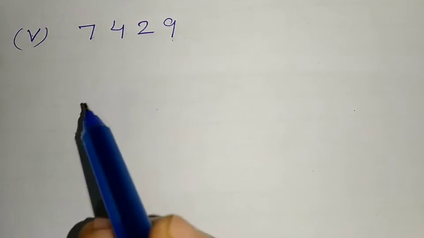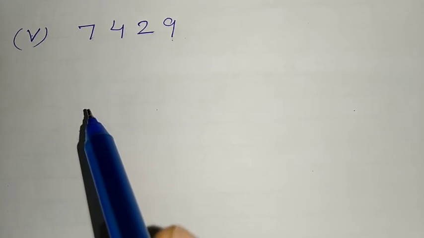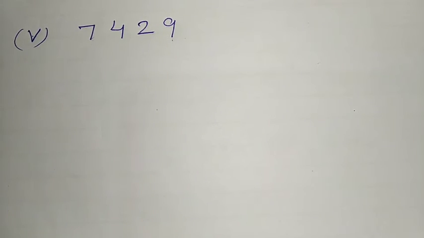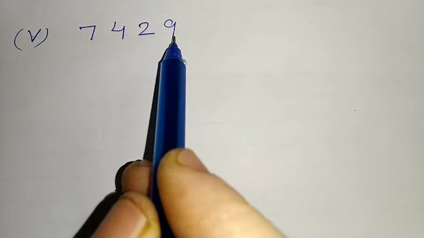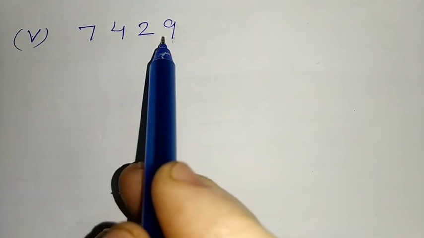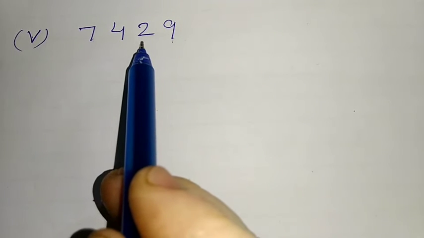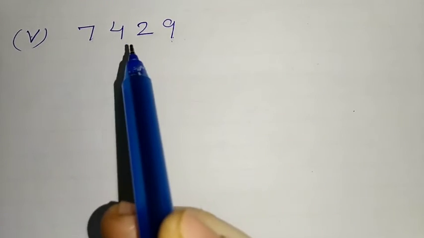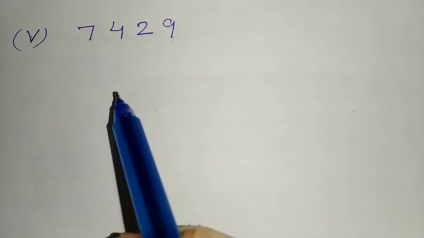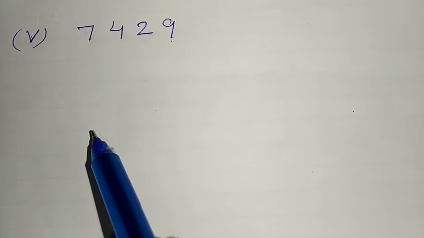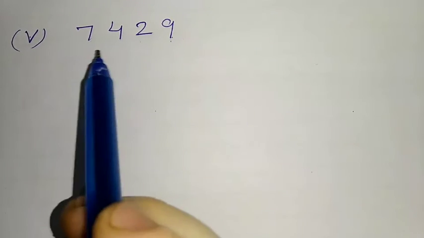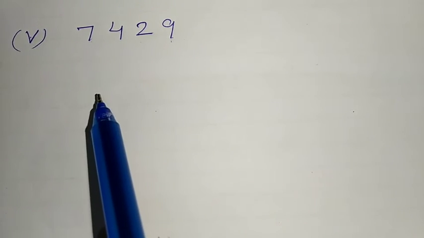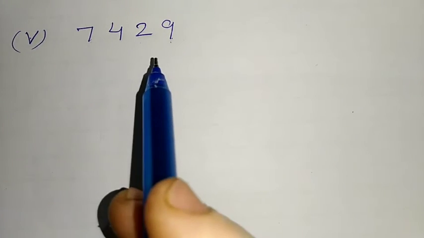So 22 is not divisible by 3. And this is also not divisible by 4. Also not divisible by 5. Not divisible by 6. Not divisible by 7. Not divisible by 8. Not divisible by 9, because if you add all the digits, it's not divisible by 9.